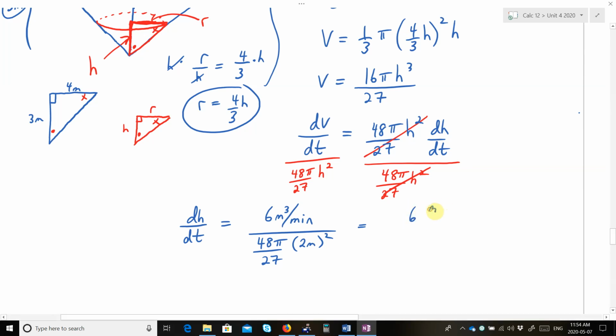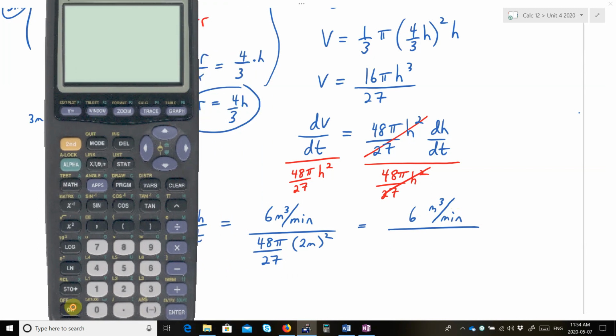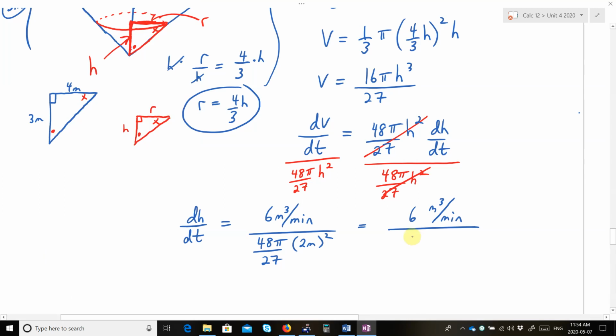So I have 6 cubic meters per minute on the top divided by 2 squared is 4. 4 times 48 is 192. So we have 192 pi and then over 27, and that is meters squared.